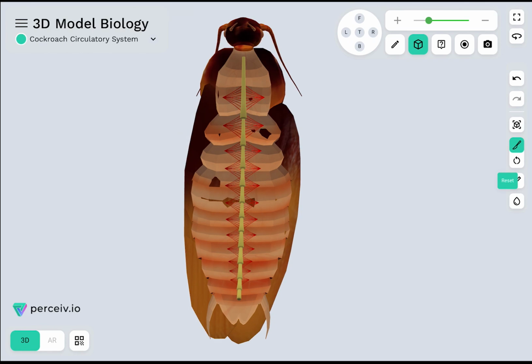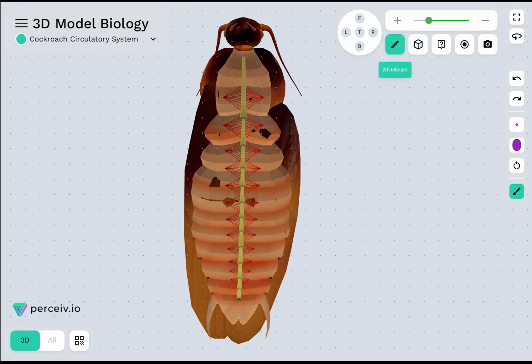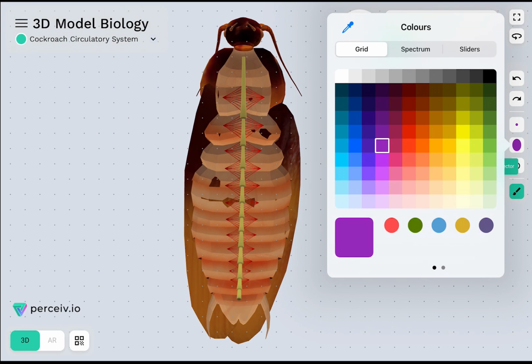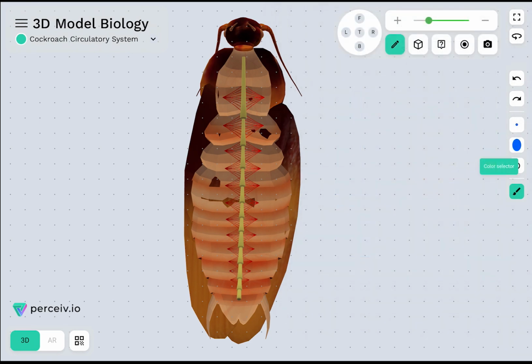this part. Now we can have a look that blood is going to flow from the sinuses. All right, I'm first going to label all the parts. So this one is the anterior heart, or you can say the anterior chamber.